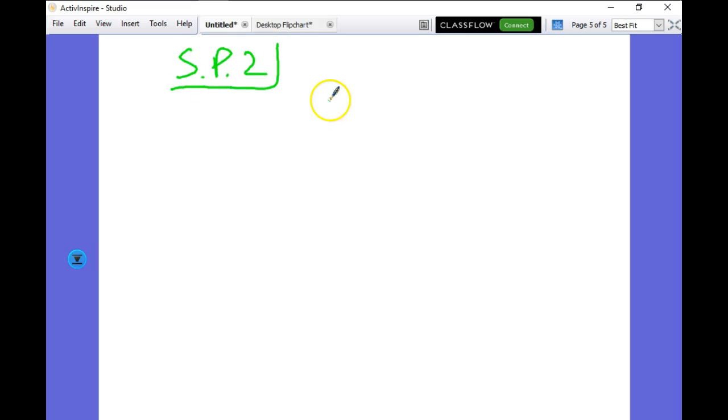Suppose I gave you guys the following. How about 3 to what power is equal to 1/27? See if you can figure that out. So the way I showed you guys last time would have been like this, right?